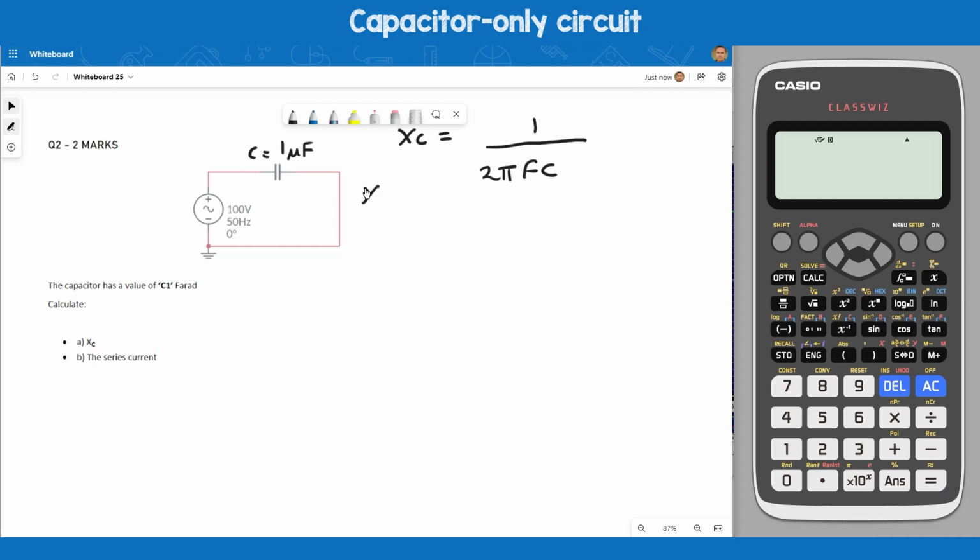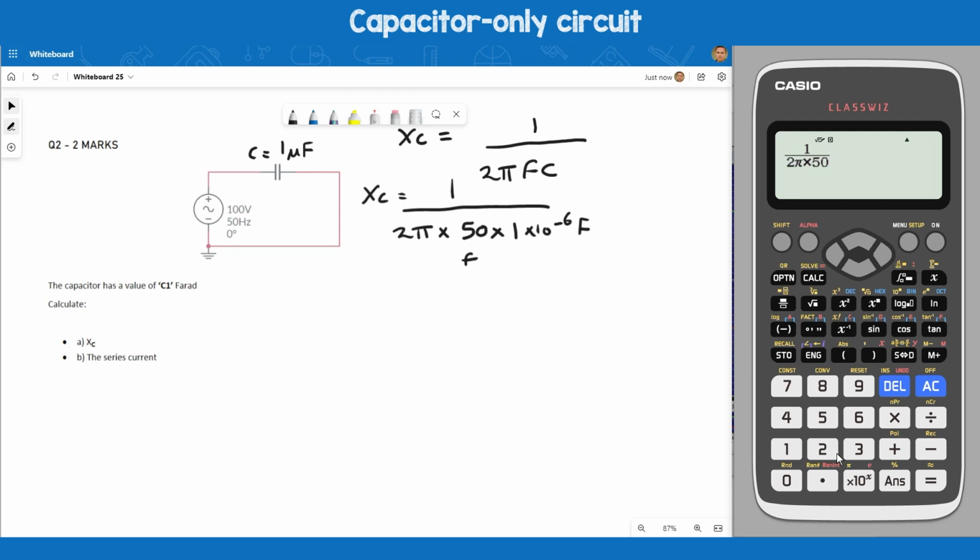So XC is equal to 1 divided by 2 pi times 50 Hertz again, that's F, times 1 times 10 to the minus 6 farads. So on the calculator you can use the fraction button if you like. 1 divided by 2 pi.